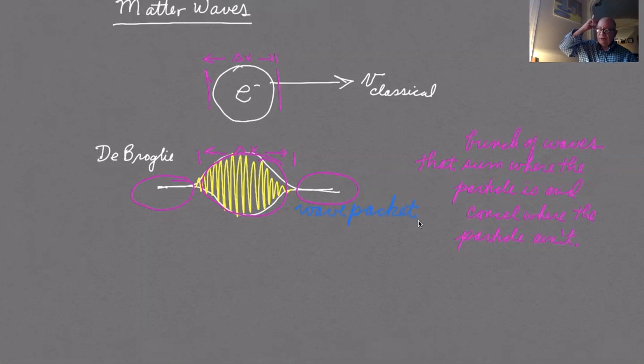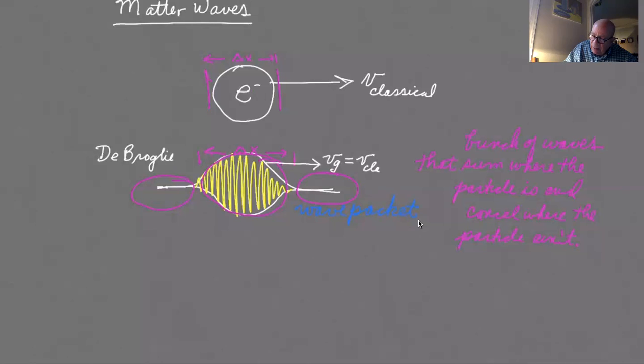So now let's look at some of the notions that we just dealt with to see how this plays out. Now, clearly, the group velocity better be equal to the classical velocity of the particle. Okay, and what's going to happen here is that the phase velocities are going to be a little sketchy, and you're going to see what I mean by that as we develop this.